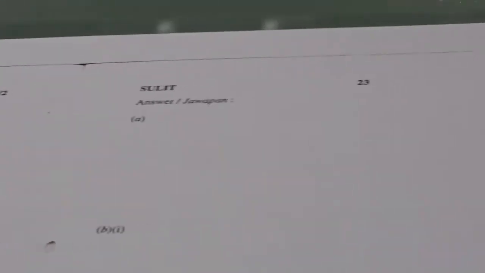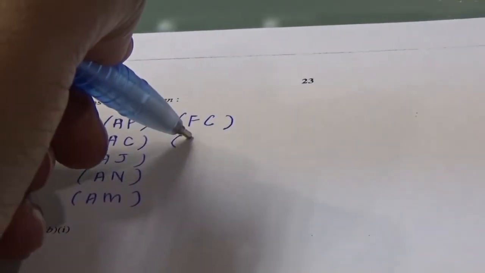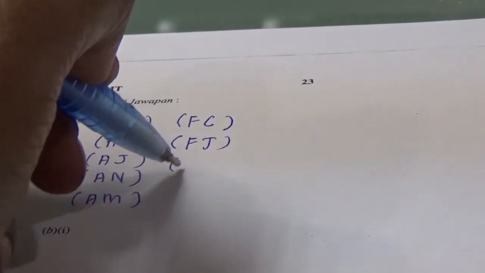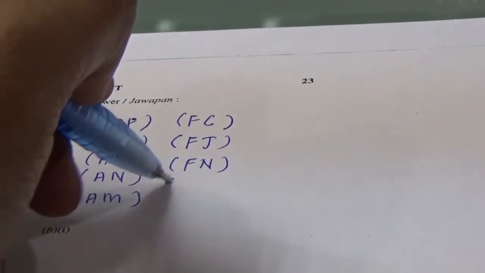Let's list down the members. So we will start with Aiman and Fatin, Aiman and Cindy, Aiman and John, Aiman and Nancy, and Aiman and Mary. Then we will start with Fatin, Cindy, Fatin, John, Fatin, Nancy, and Fatin, Mary.